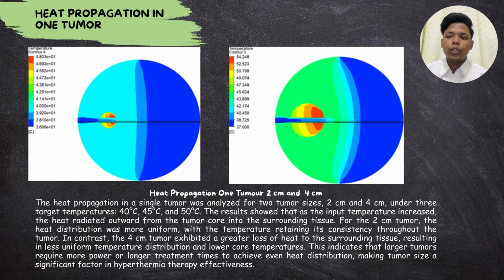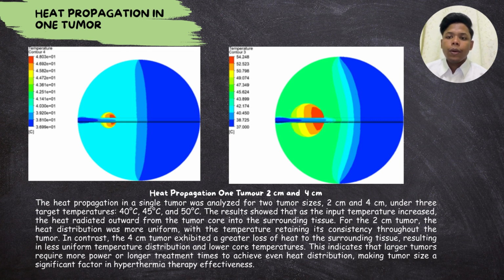The results show that as the input temperature increased, the heat radiated outward from the tumor core into the surrounding tissue. For the 2 cm tumor, the heat distribution was more uniform, with the temperature retaining its consistency throughout the tumor.